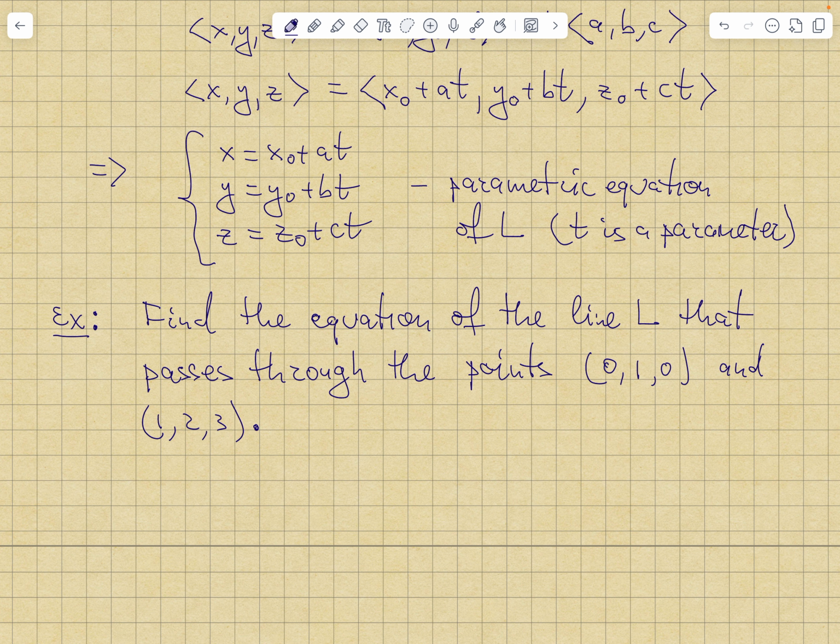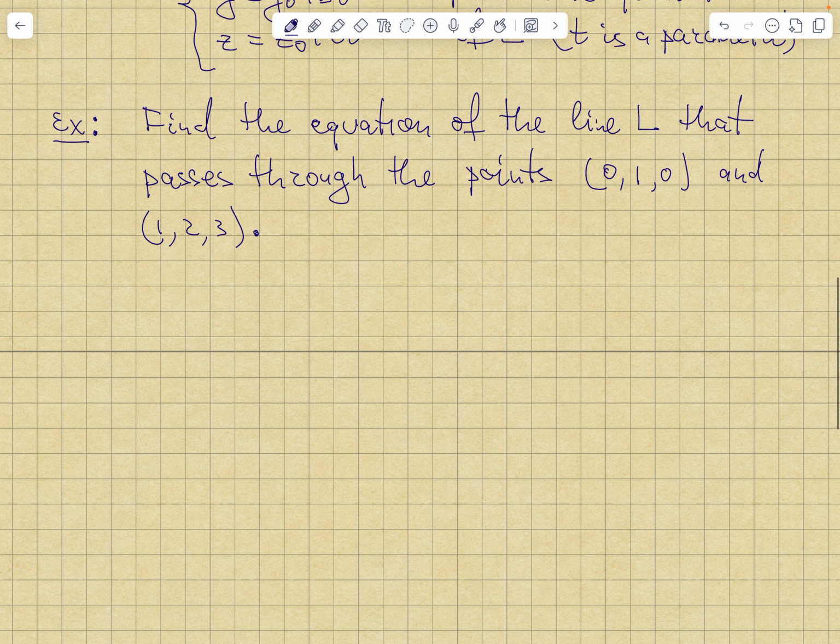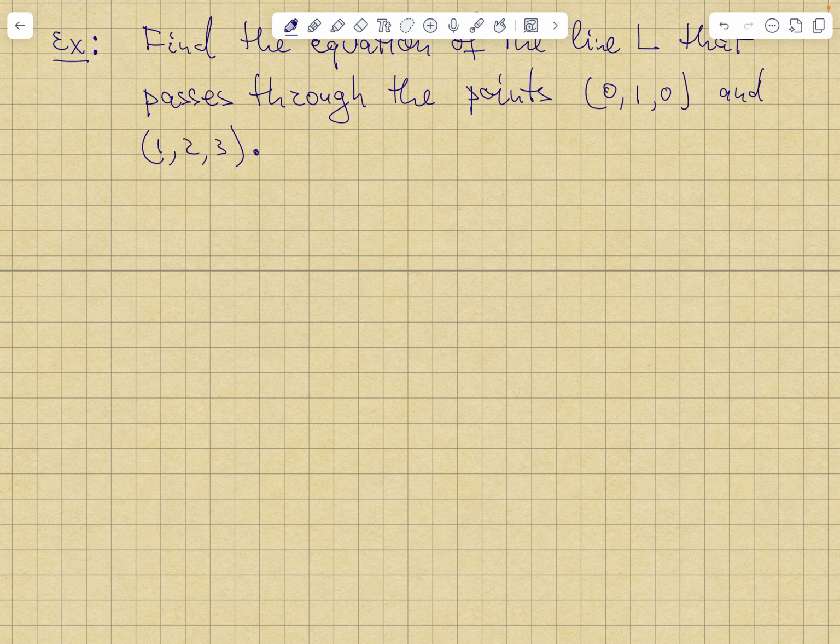So what are we supposed to do? Draw a picture. You have 2 points, maybe one here, another here. You want the equation of a line that goes through these 2 points, so that's your line L.